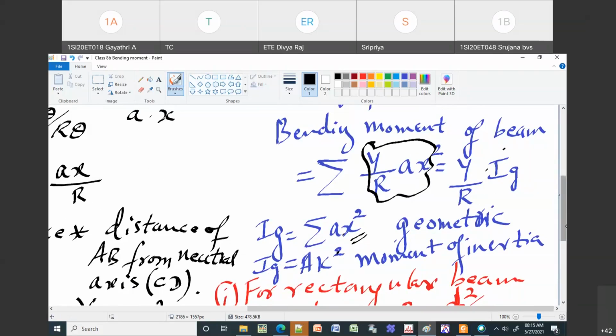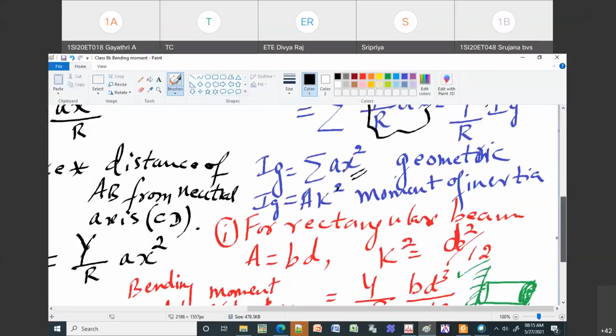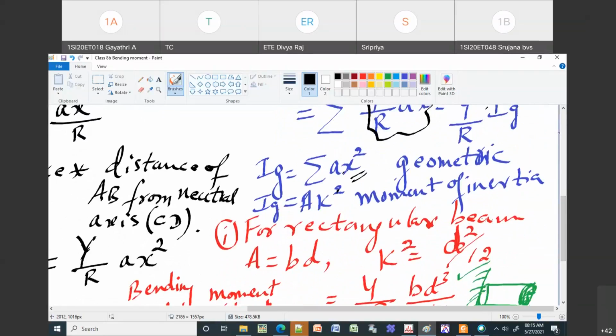Okay, so again here we'll have two cases. The first case is your rectangular beam. You can take a beam which is rectangular like this, which has length, width, and height. The best example is your scale. It has some thickness, some length, some width. So this is like your rectangular beam. You can also take a cylinder.